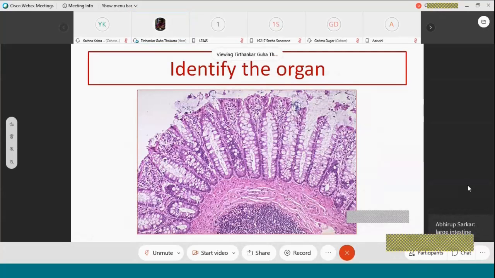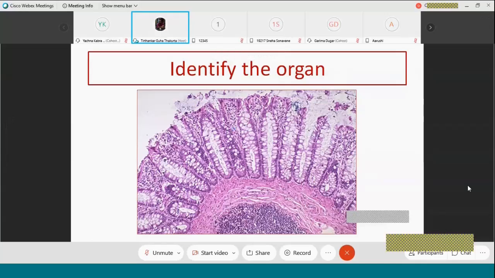See, you see here that instead of going out, the projections are inward. These are called crypts. So crypts are lined by goblet cells, as you can easily identify. So they have a lubricating function as well. Below which there is a lamina propria and submucous layer, and there are lymphoid follicles. This is typically how large intestine looks. So this essentially is large intestine, where instead of villi we have crypts.